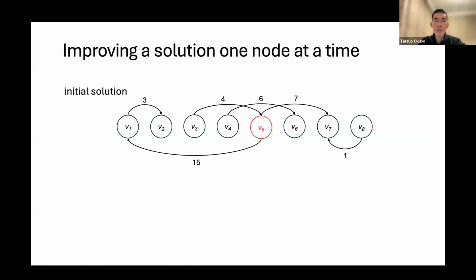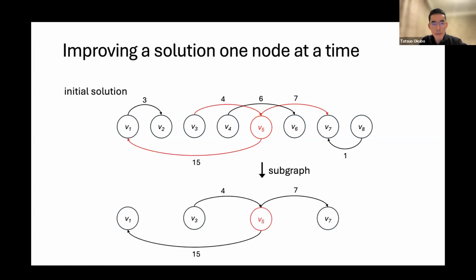Note that we don't have to search every possible location in the solution, but only consider the locations with respect to the nodes that are actually connected with this node. In other words, we construct a subgraph with all the nodes that are directly connected to this node of interest V5. Because the connectome is pretty sparse, this limits the search space quite a bit.